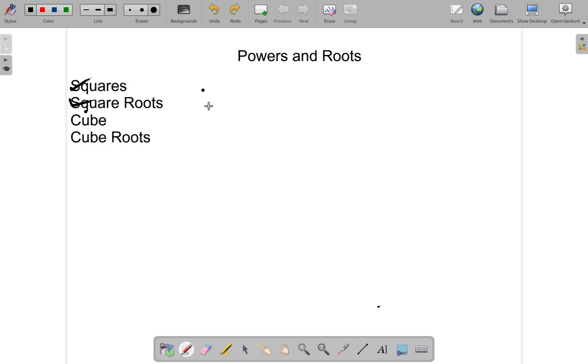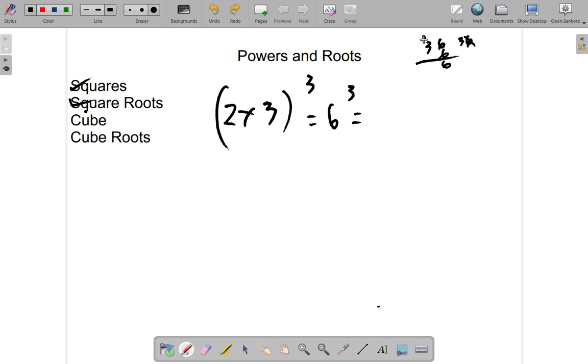Suppose you want to find, for example, the cube of 2 times 3, all cubed. What we have is 2 by 3, 6 cube, which is 6 6 36, and 36 times 6, that's 6 6 36. Bring down the 6, carry 3, 6 3 is 18, 20, 21, 216.